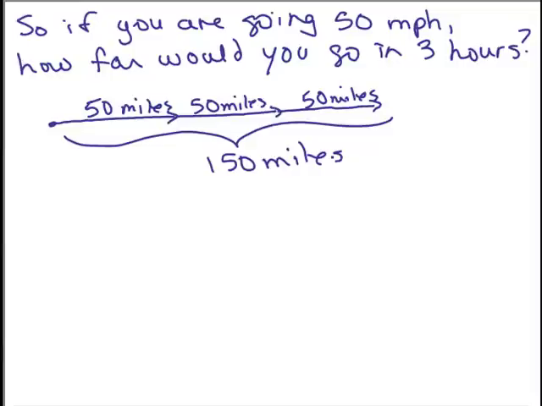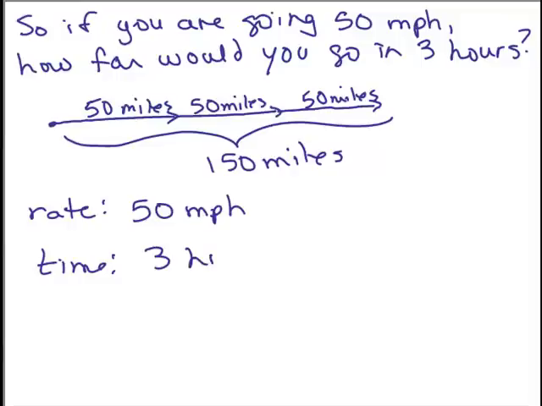Okay, so there are a couple of things to notice. Your rate here is in miles per hour. So let's write that down. Your rate is 50 miles per hour. Your time, what's the time? It says 3 hours. And your distance is how far you go. Your distance ended up being 150 miles.